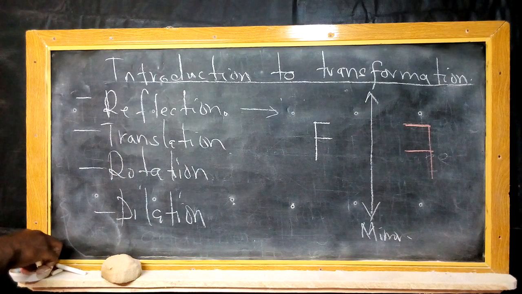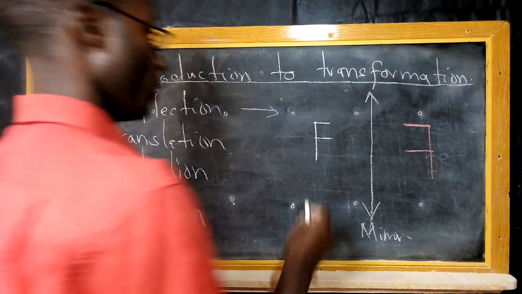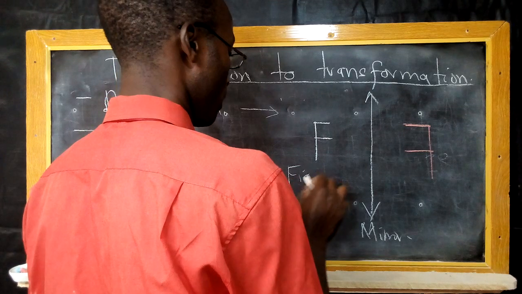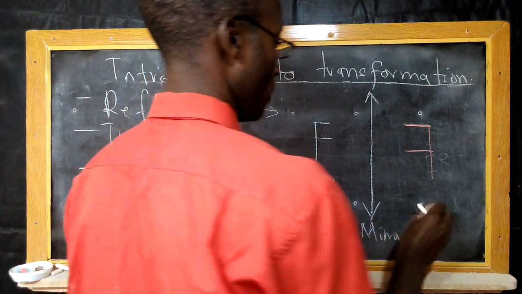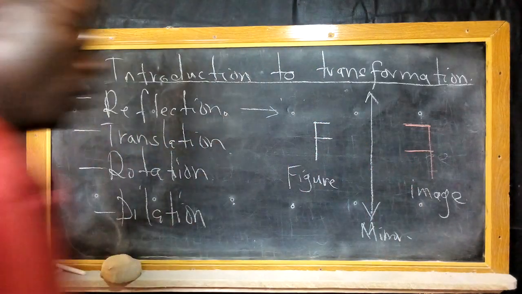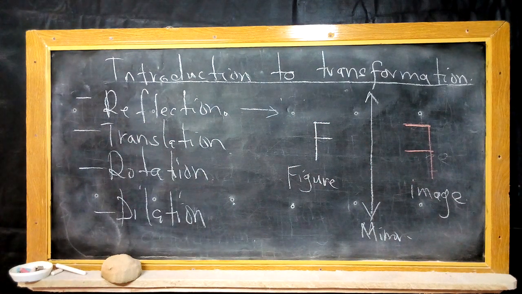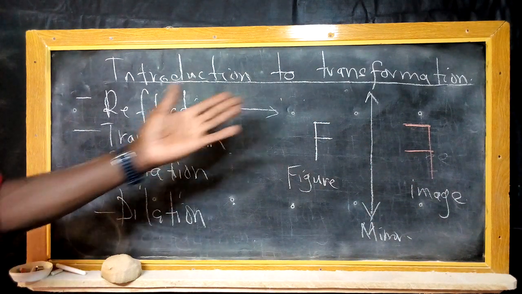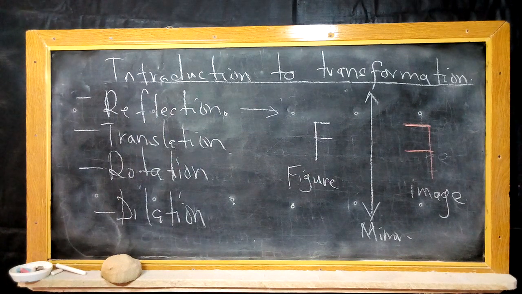So the changes that have occurred from this figure to form an image, using that mirror line, that change or transformation is what we call reflection. So this reflection has happened around a mirror line.